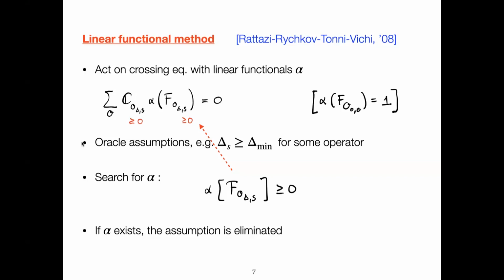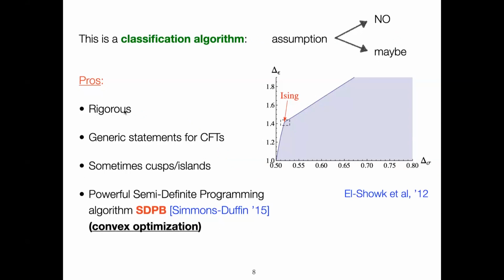Or if you make more assumptions, then the problem is sufficiently constraining, and instead of something like this, you get an island, and maybe it's a small island, or you can go to a point, and then you can really focus on a theory.